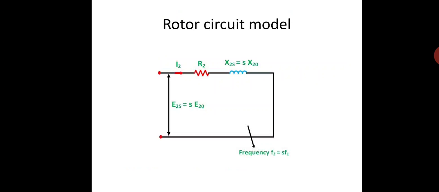Except for resistance, the other rotor circuit parameters are affected by the slip value, because E2 is equal to S into E2 naught, the reactance X2 is equal to S into X2 naught, and the frequency F2, the rotor frequency, is equal to slip times the supply frequency, F2 is equal to S into F1. So wherever there is a change in slip, these parameters on the rotor also change.